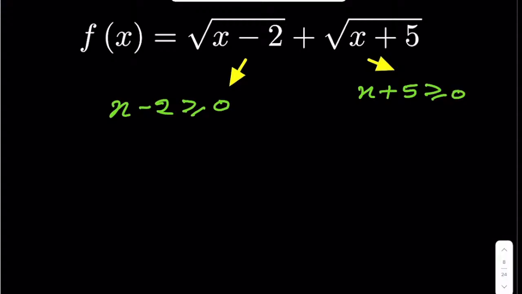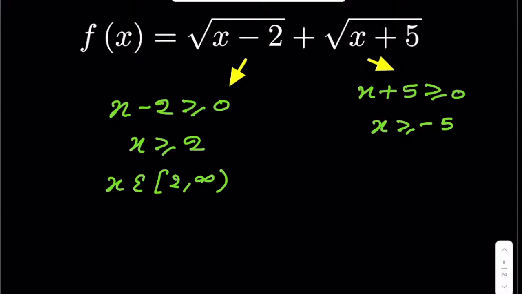So x is greater than or equal to 2, and according to this one, x is greater than or equal to minus 5. Now you can say, sir, closed interval 2 to infinity, and according to this one from minus 5 to infinity. Clear or not?